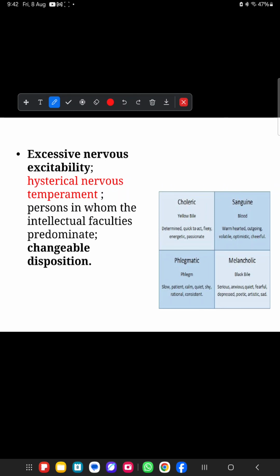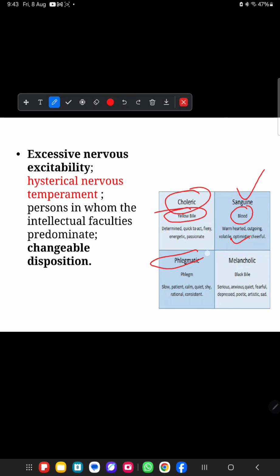But this temperament, I want to correlate. There are four types of temperament. Sanguine is related with the blood, and those people are warm-hearted, then we can use the sanguine word. गरम दिमाग जिसका होता है, ठीक है, खून गरम होता है ना कुछ लोग का, तो sanguine temperament we can use, and choleric we can use. Those people are very quick to act, मतलब perception उनका बहुत तगड़ा होता है. So we can use the choleric temperament, which is related with the yellow bile.